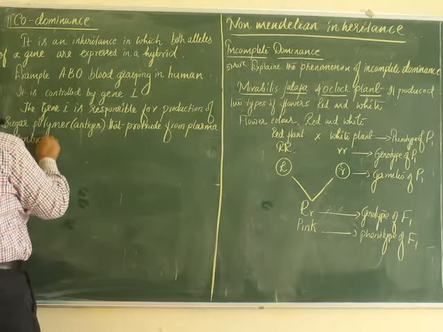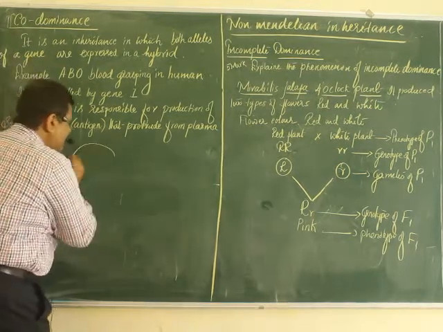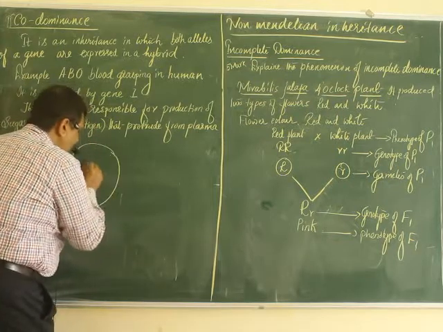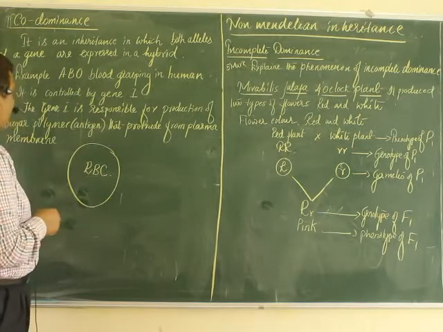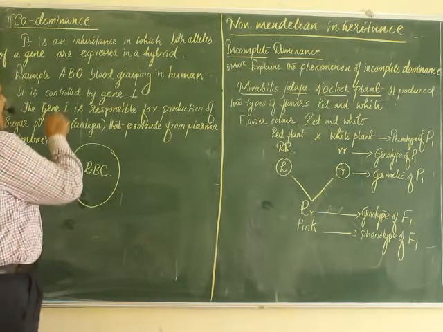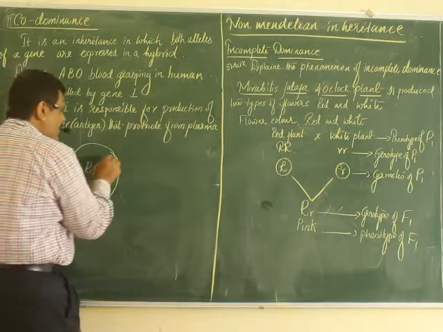What is the meaning of this, my dear students? See, this is an RBC. And the gene I is responsible for the production of sugar polymer.